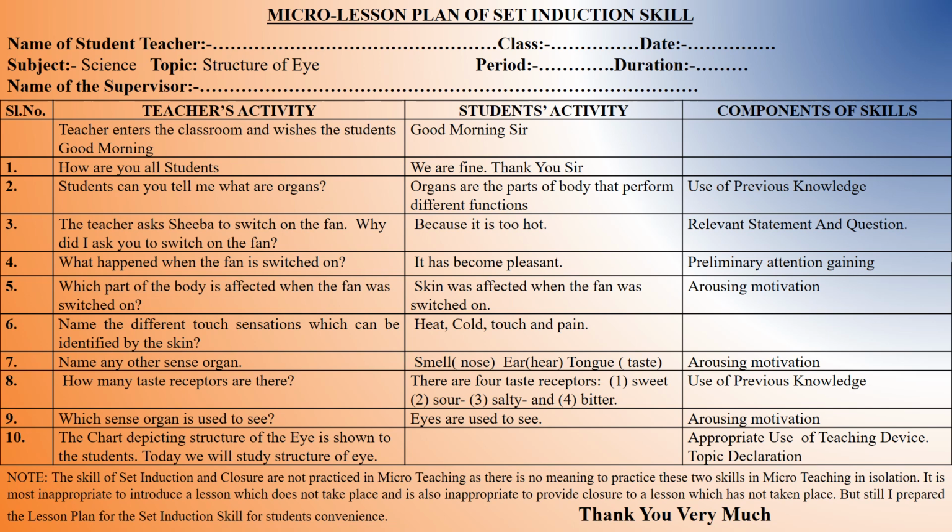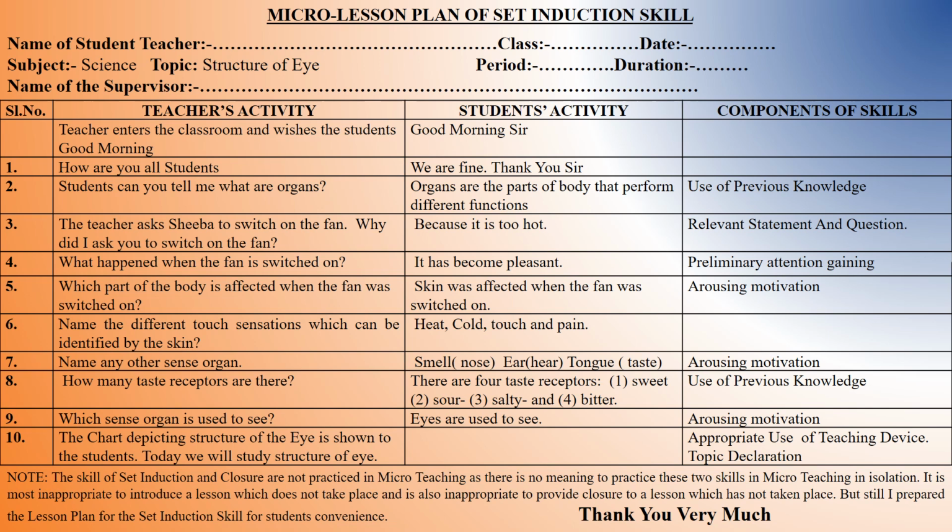How many taste receptors are there, was asked by the teacher. There are 4 receptors: sweet, sour, salty and bitter. This is the student's response. The component used is use of previous knowledge. Which organ is used to see? The teacher asks. Eyes are used to see. The student's response.